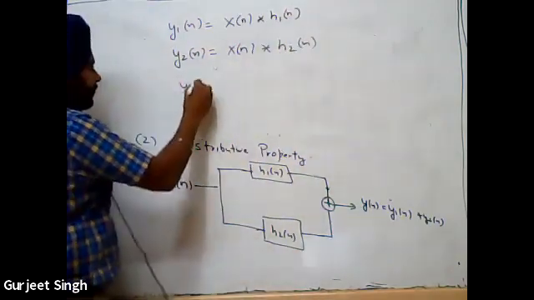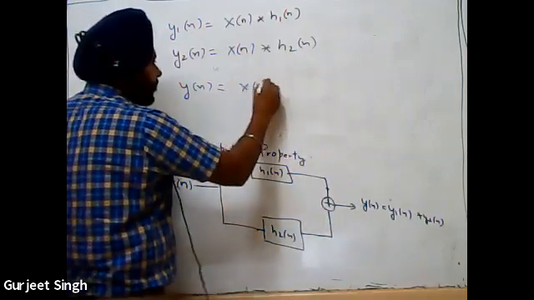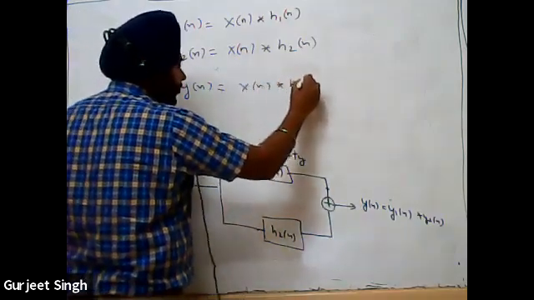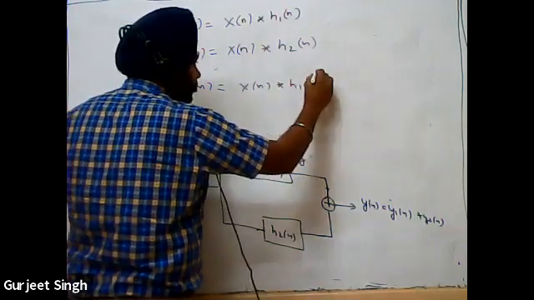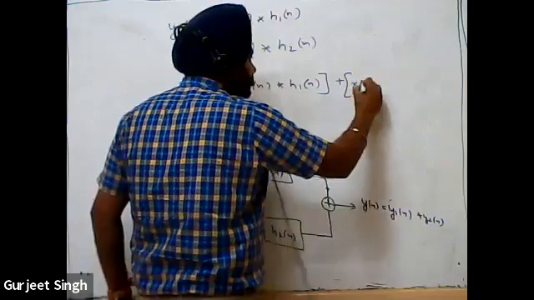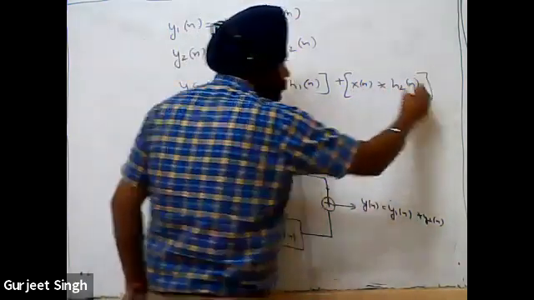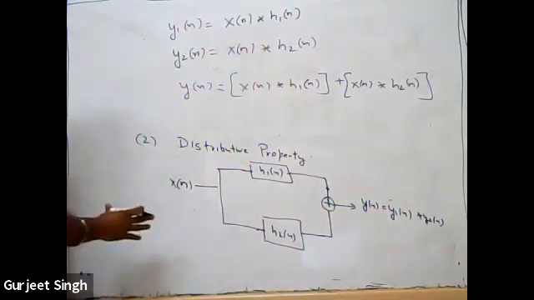So this total value is equal to xn convolution h1n, this is the first one, plus xn convolution h2n. So this is the output of this system.